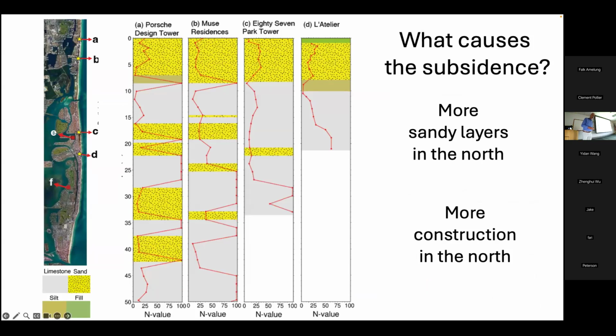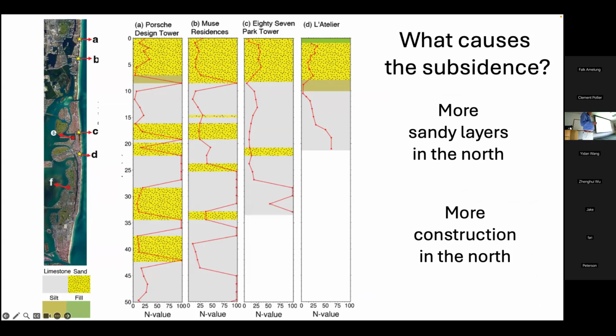So what is the reason for the observed subsidence? We got some geotechnical exploration reports. These are geotechnical investigations which have to be done before they build one of those high rises, to know what kind of foundation they build.